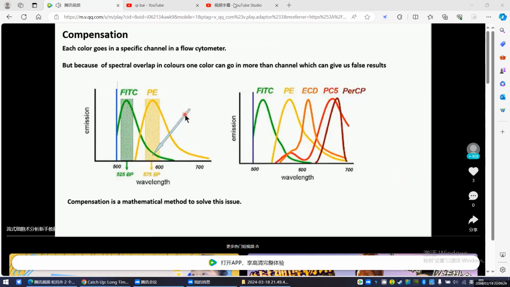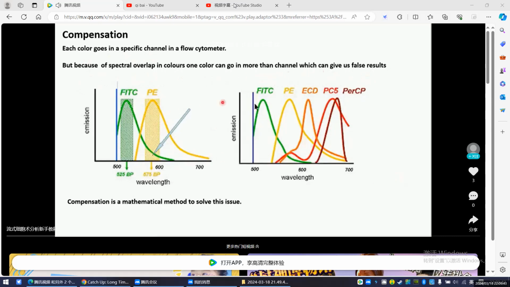Each color goes into a specific channel in the flow cytometer, but because of spectral overlap, one color can go into more than one channel, or be detected by more than one channel, which can give us a false result.